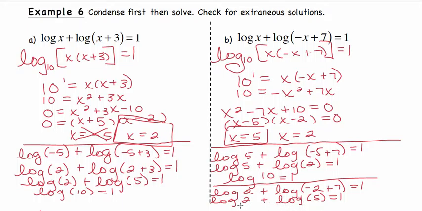And once again, log of 2 plus log of 5 is going to turn into log of 2 times 5, or log of 10. And log base 10 of 10 is definitely equal to 1. So both of these answers check. And if you want to save a little bit of time, you don't have to do the checks by hand. You can just put them into your calculator real quick.